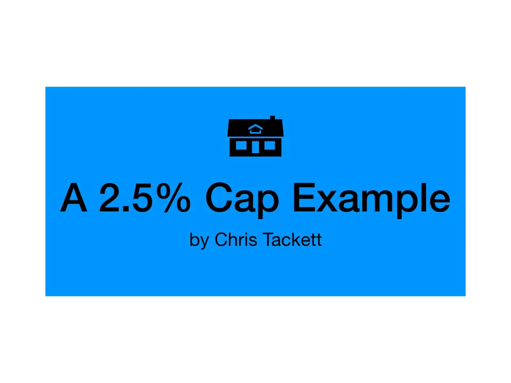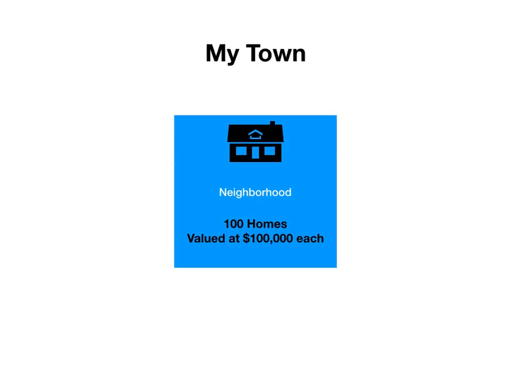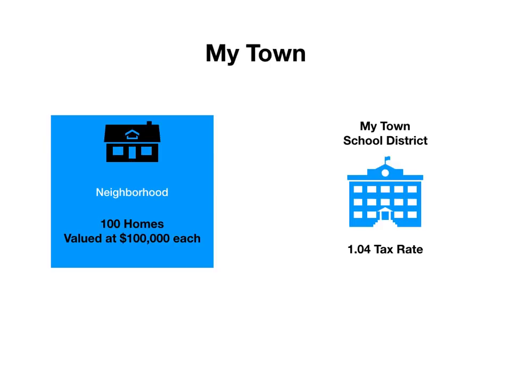To try and illustrate how a cap like this works, and doesn't work, I thought I'd create an example, My Town. My Town has one neighborhood with 100 homes in it, all valued at $100,000 each. The My Town School District has a tax rate of 1.04 for every $100 of property valuation.